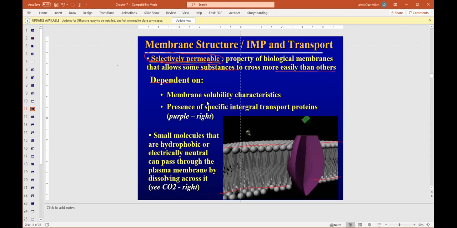This really depends on the solubility of membranes that we talked about earlier, how fluid this is. And it also depends on the presence of these transport proteins, these integral membrane proteins like shown here, that in this case, it's transporting this green box, which maybe it represents glucose or something like that. We'll just say it's glucose.